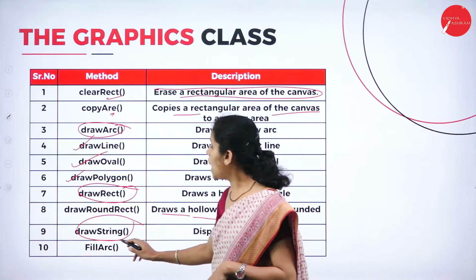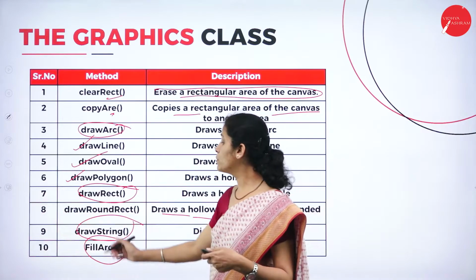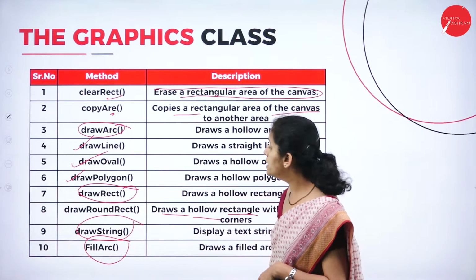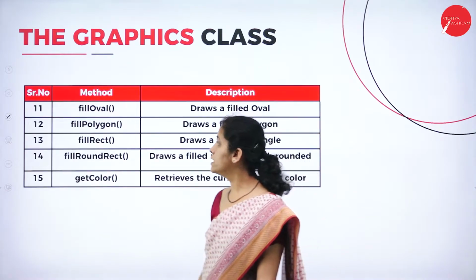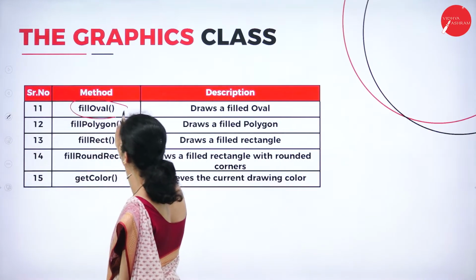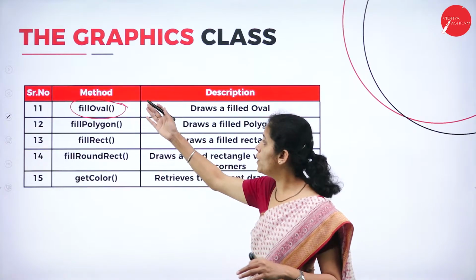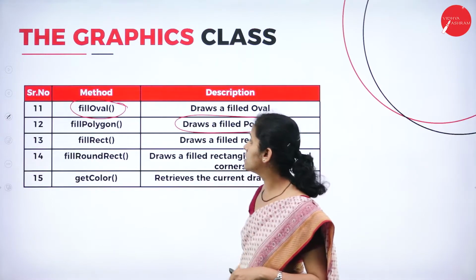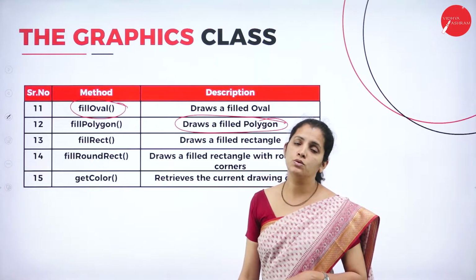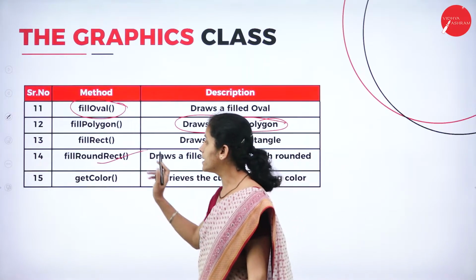To fill the arc, suppose I want to fill the arc with some color, then I'm going to make use of the method fillArc. Then I'm going to have methods like fillOval. So if I want to fill the color, then fillOval. fillPolygon is used to fill the polygon. fillRect is used to fill the rectangle. fillRoundRect is used to fill the round rectangle.